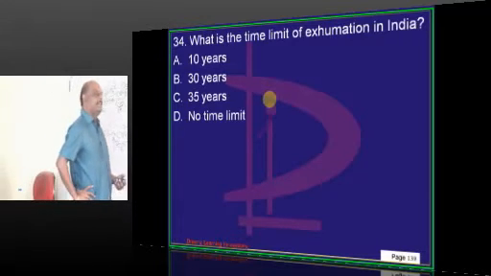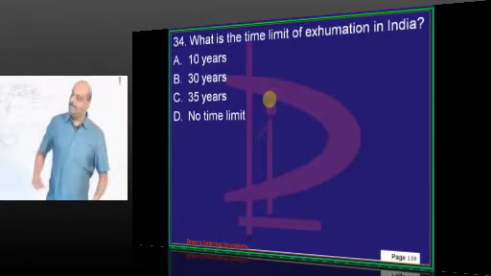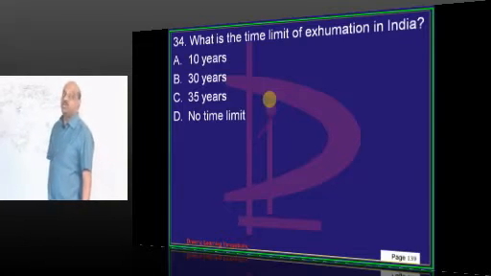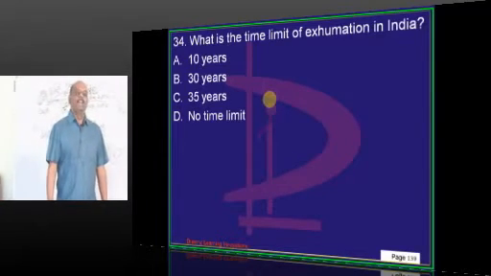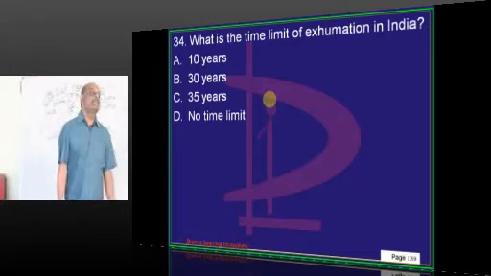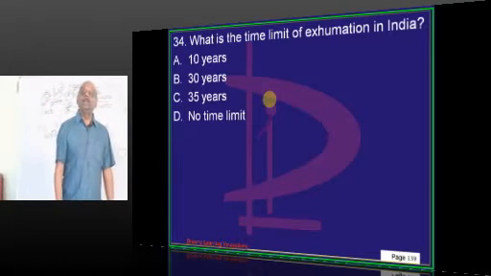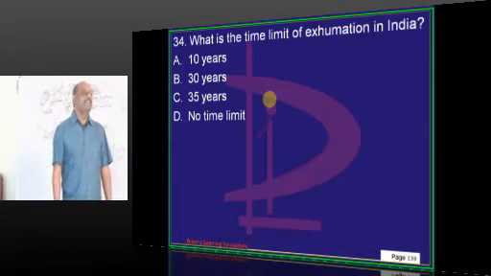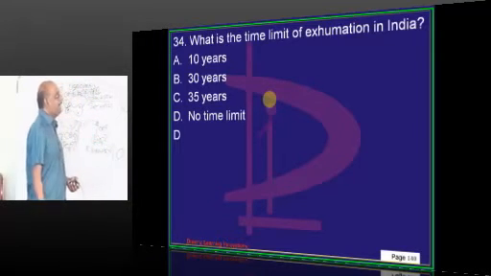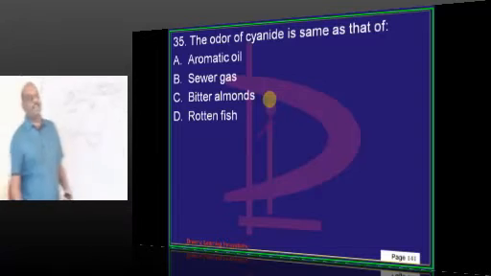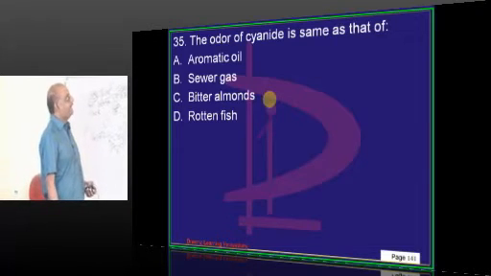You can commit a financial scam in 2000 and 2400 May. That scam will suddenly appear in papers, and posthumously people will be investigated. When they are alive, they don't let investigation. So, no time limit for exhumation to take out the dead body from the burial ground.